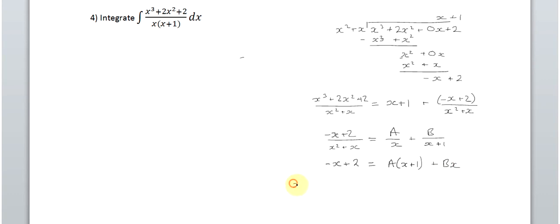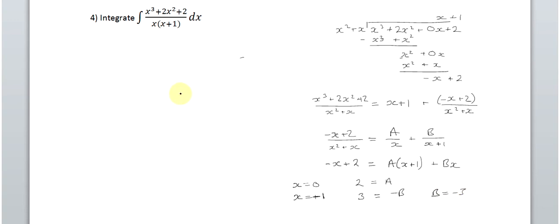So if we stick in x equals 0 first, we get 2 there and a there. If we stick in x equals negative 1, then rather carefully you would watch out for the signs here. You've got minus 1 plus 2, so that gets us 3. The a disappears and we end up with minus 1 times b, which of course means that b equals negative 3.